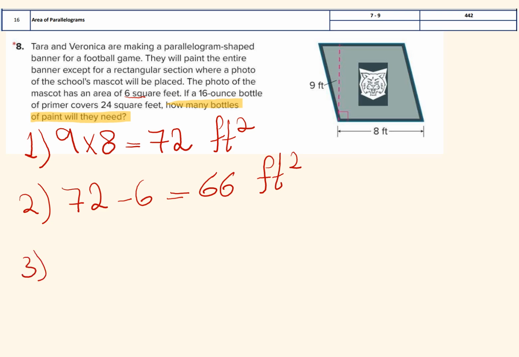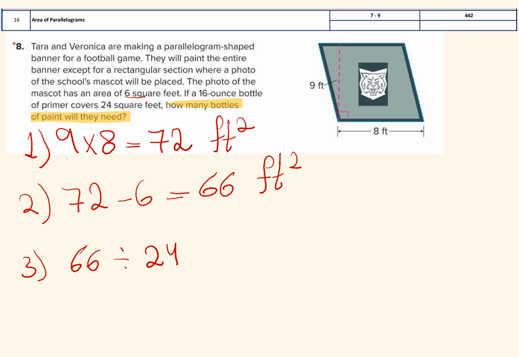Finally, to know how many bottles will be used, I need to divide 66, the area I need to paint, by 24 square feet, which is the area each bottle is covering. So 66 divided by 24.